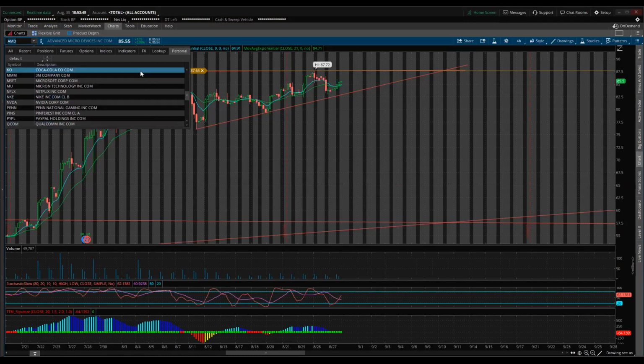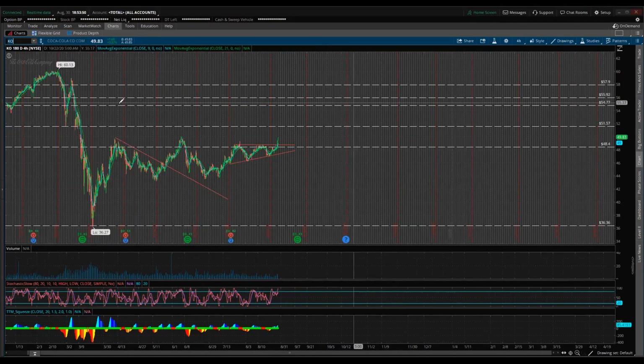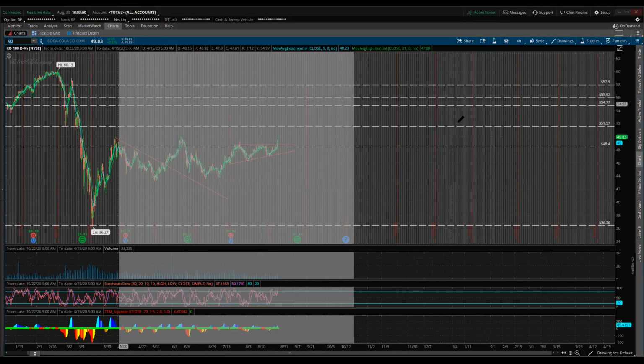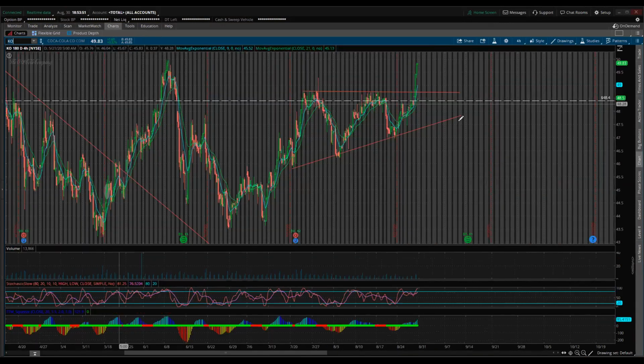It's as easy as that. I'm going to go over the Coca-Cola chart and my reasoning for getting into the swing trade. As you can see here, what would you guys call this? Ascending triangle. Yes, this triangle right here, what I have drawn.